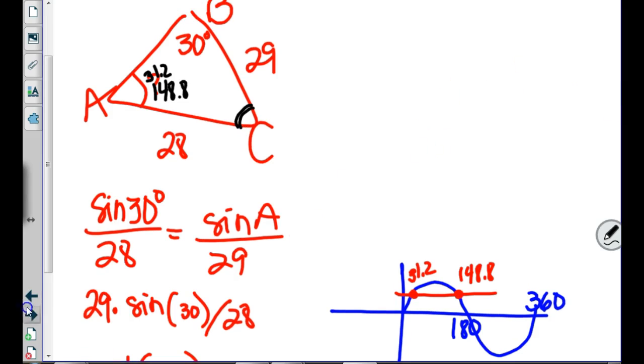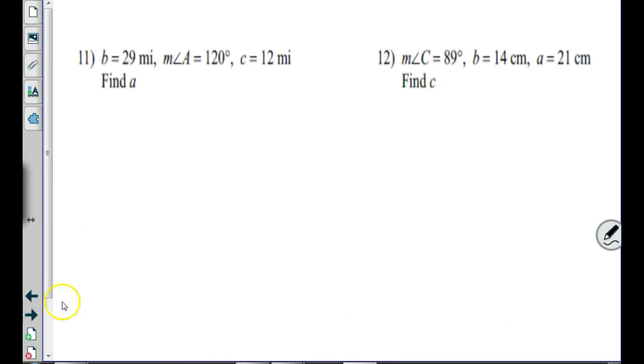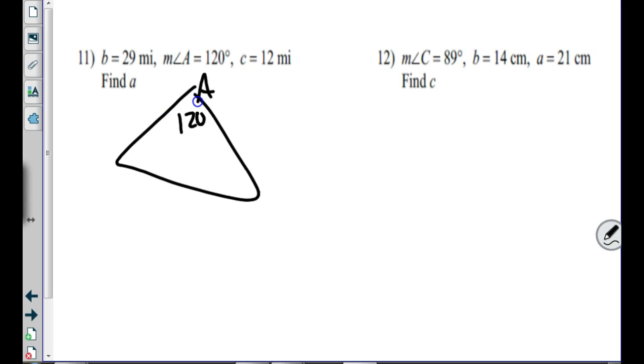All right, I'm assuming we get to law of cosines. This one has an angle A that's 120 degrees and a side on either side of it that are 12 and 29. We're trying to find side A. How does this go, guys?